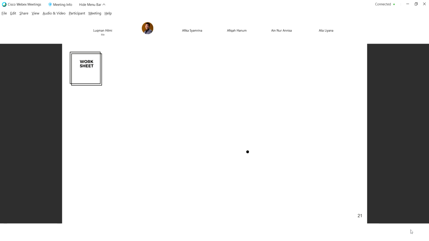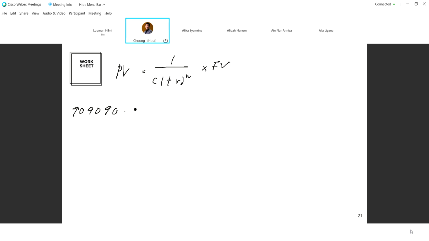So in this case, one quick one, just that you want to write the formula as well. Yeah, write the formula: PV equals 1 over (1 plus R) to the power of N, times FV. Then you put in your numbers: 909,090.9 equals 1 over 1 plus R to the power of 1 times your 1 million.